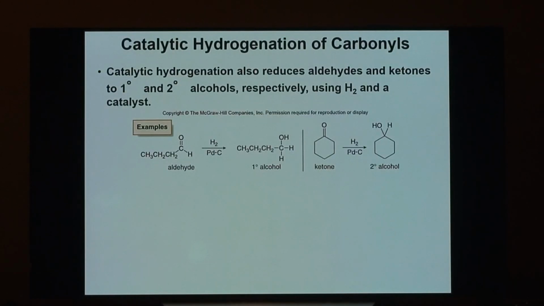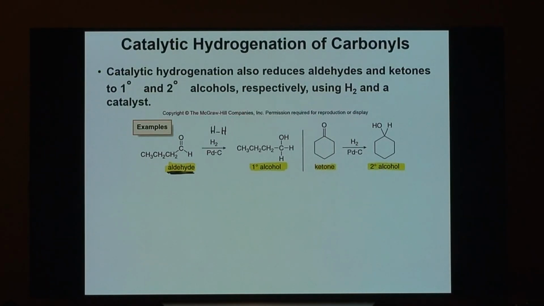And then we have hydrogen in presence of Pd/C. This is a third agent for reduction of carbonyls. You are adding 2 hydrogens. One hydrogen goes to the carbon, the other one goes to the oxygen. And the aldehyde will be reduced into a primary alcohol, and ketones will be reduced into a secondary alcohol.